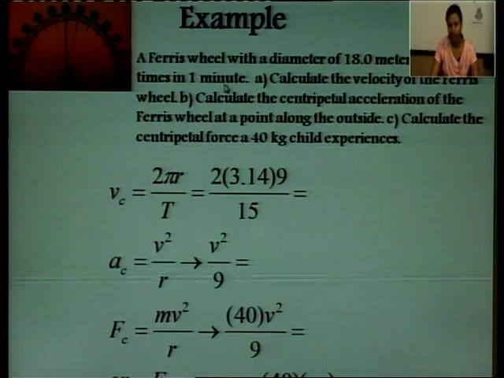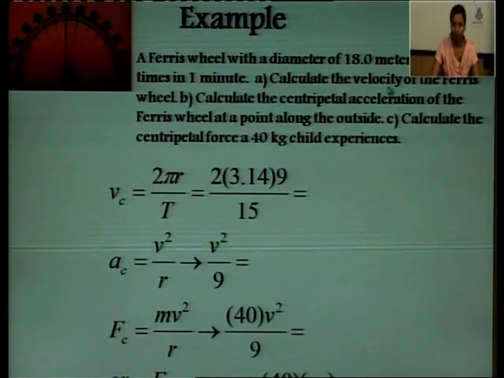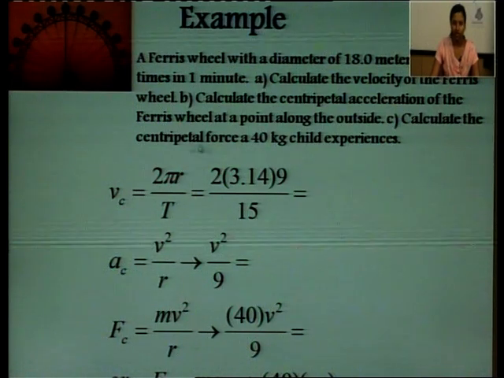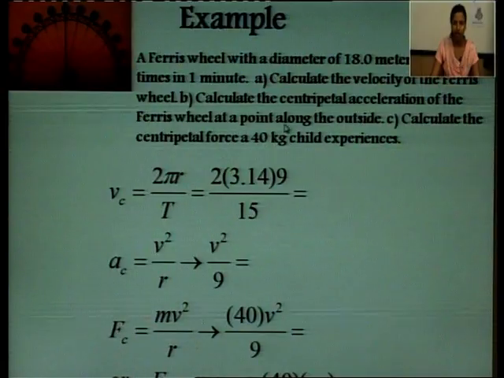Calculate the velocity of the Ferris wheel. First we need to calculate the velocity, and second, calculate the centripetal acceleration of the Ferris wheel at a point along the outside, and calculate the centripetal force a 40 kg child experiences.